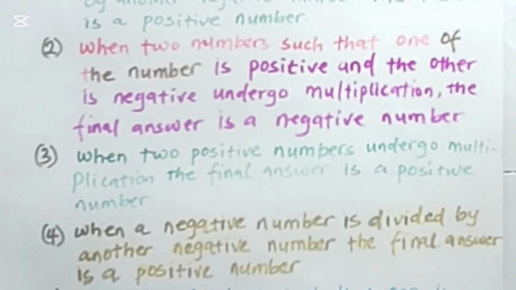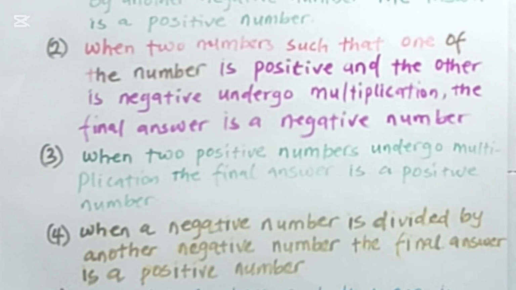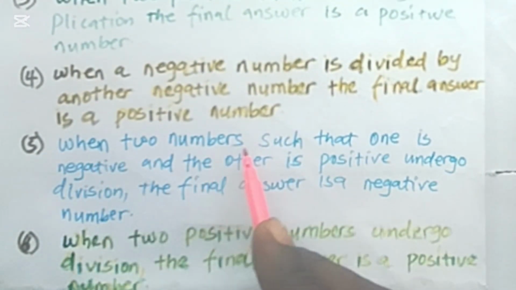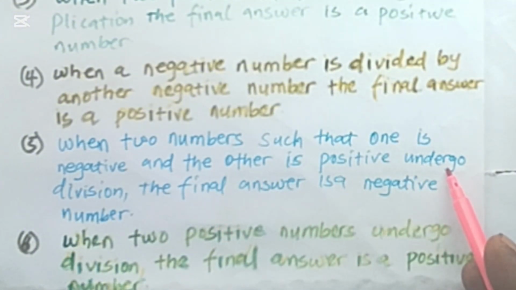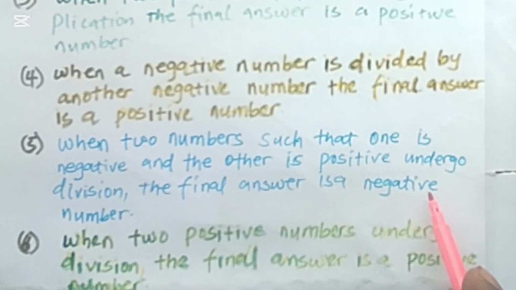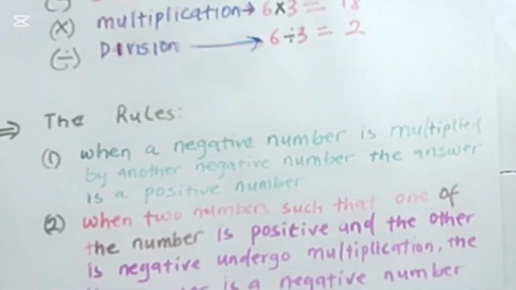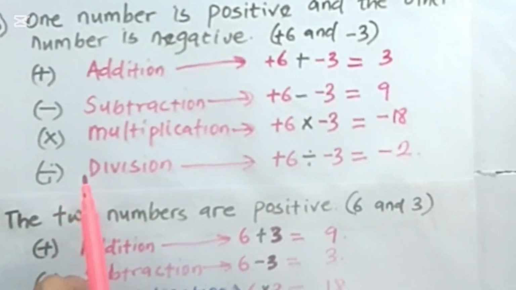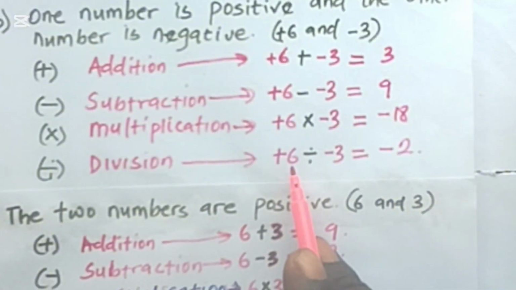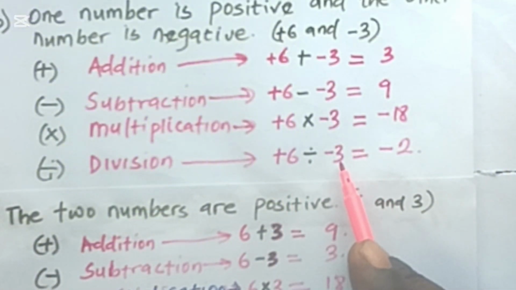The fifth rule is when two numbers such that one is negative and the other is positive undergo division, the final answer is going to be a negative number. So let's go straight and check if we can get a situation like that. Yes, look at it here. There is division between +6, which is a positive number, and -3.